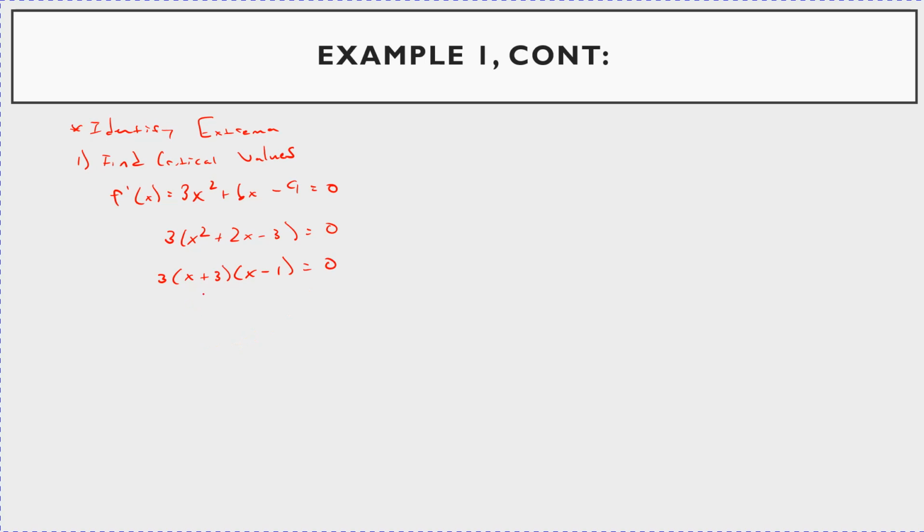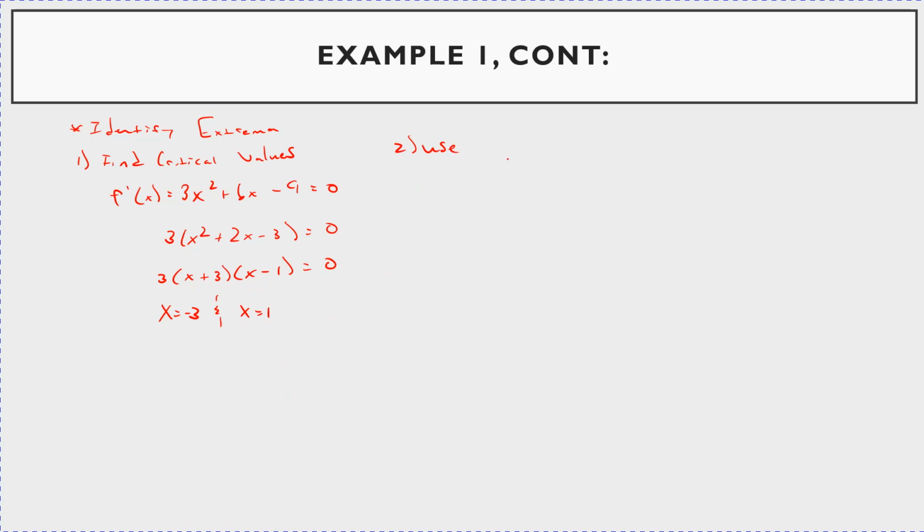So it looks like you have critical values here, just using the zero product property. Either x plus 3 is equal to 0, so you have a critical value at x is equal to negative 3, and you have another critical value at x is equal to 1, when you set x minus 1 equal to 0.